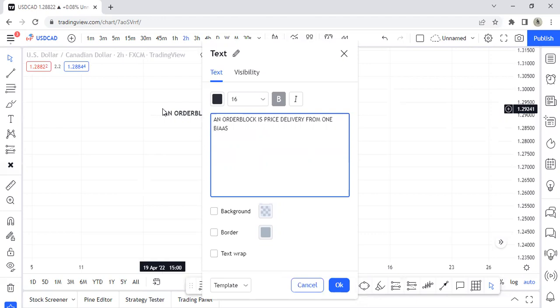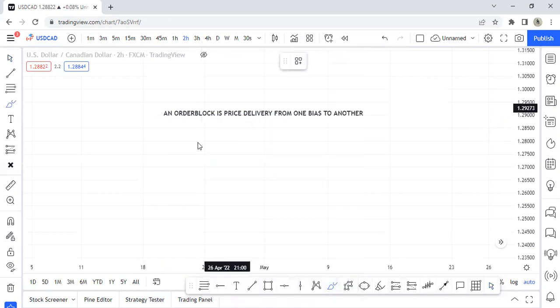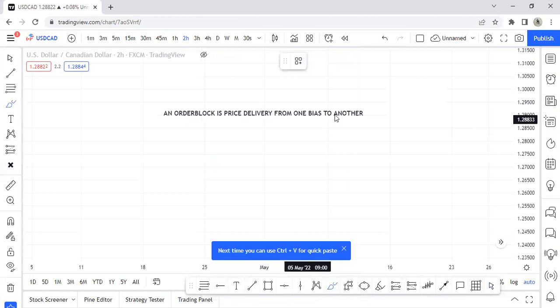This is how I would define it. The basic definition of an order block is price delivery from one bias to another. So I'll just teach you how to do that.